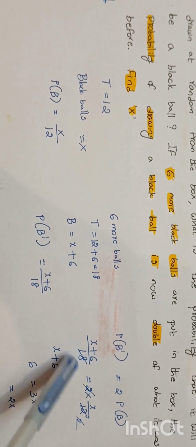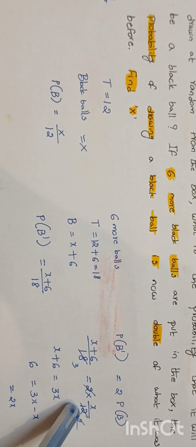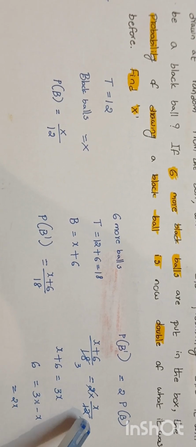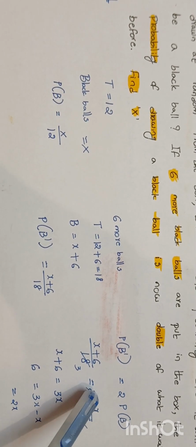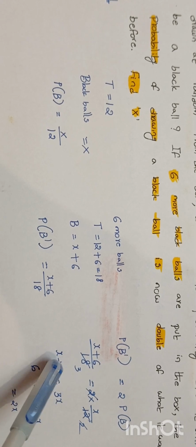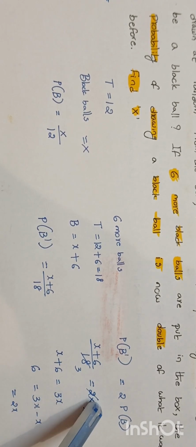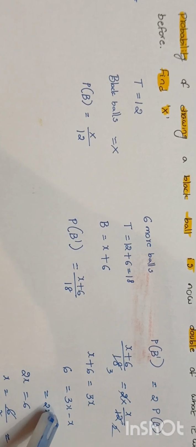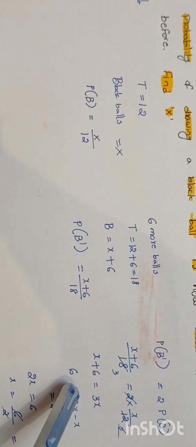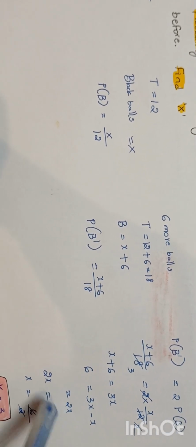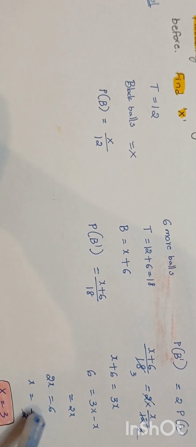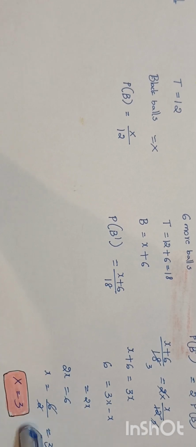We will cancel 18 and 12 with 6: 6 2s are 12 and 6 3s are 18. By cancelling, we will get X plus 6 is equal to 3X. Now by cancelling we will get 2X is equal to 6. X is equal to 6 divided by 2. Now we will get X as 3.